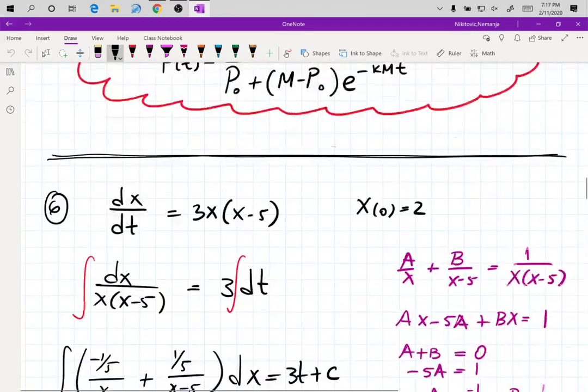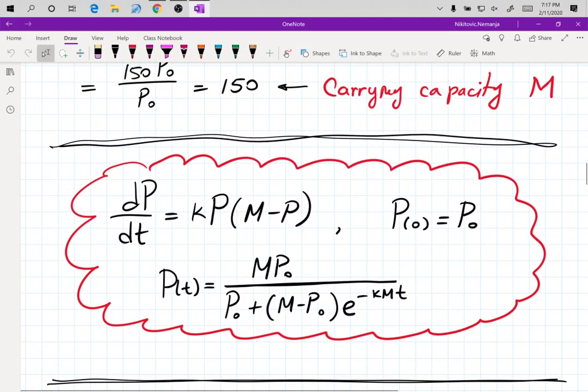There it is. Population in time is given in terms of the carrying capacity of the planet and the initial population at the time you started looking. So you know all the variables now.